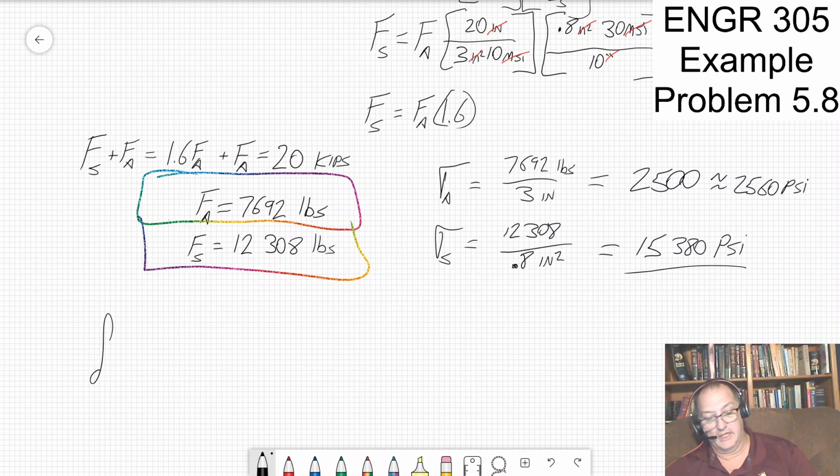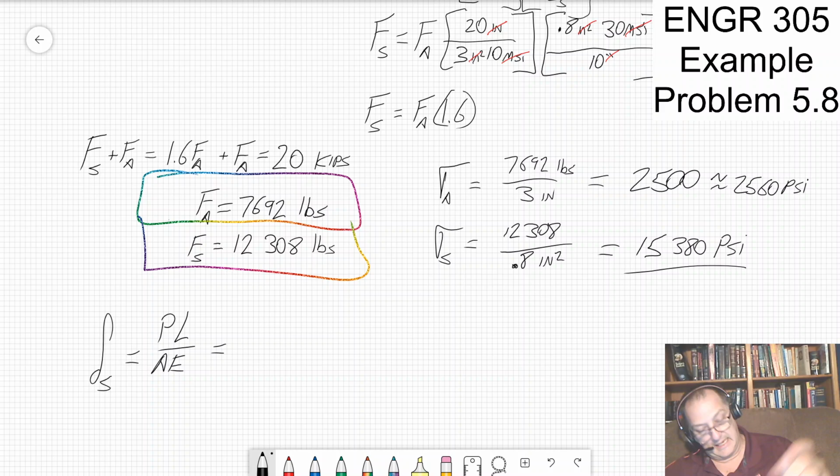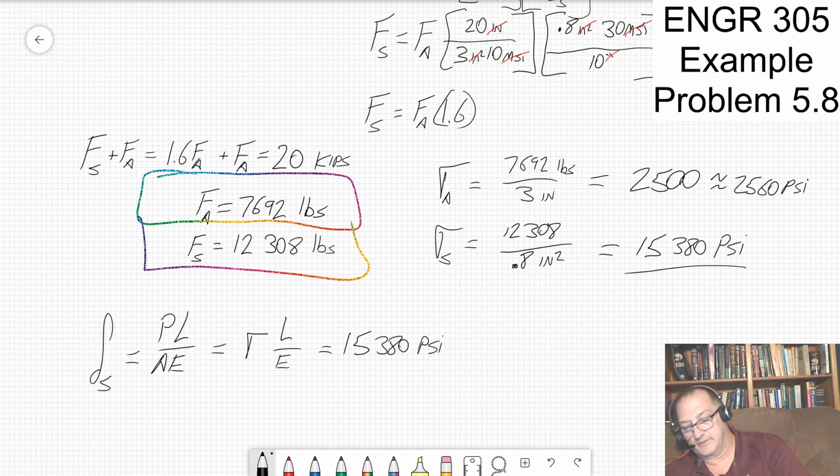And the deflection in the steel is going to be equal to the PL over AE, all values for the steel. So it's going to be 12,000, or sorry, and like last time, I'm going to make that sigma L over E. And so I'm going to do 15,380 psi times my length, which was 10 inches, divided by my Young's modulus, which is 30 MSI.